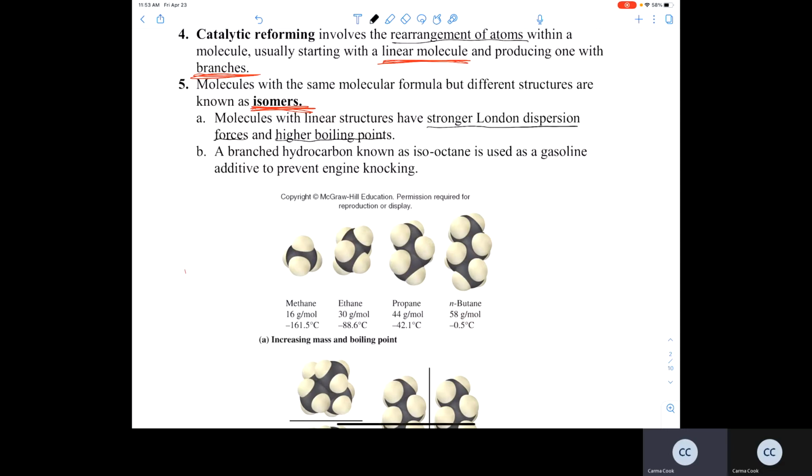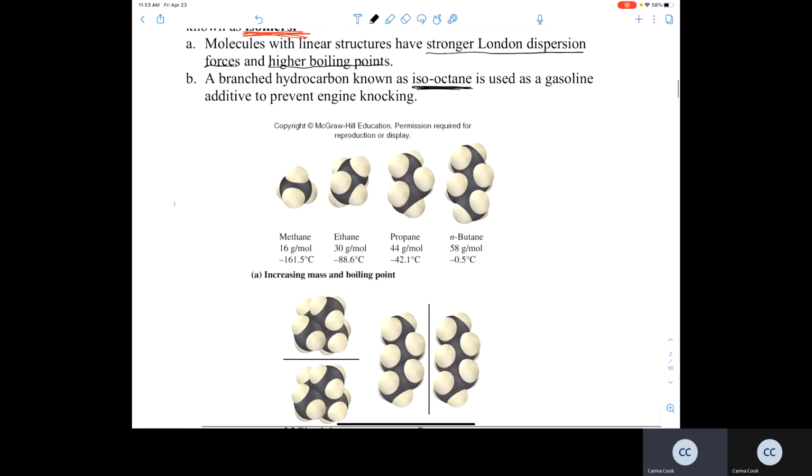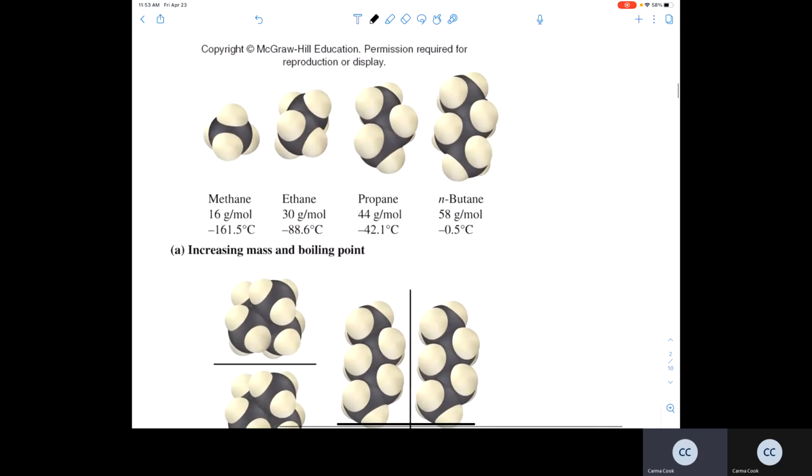The branched isomers are going to therefore have weaker London dispersion forces and lower boiling points. And so isooctane is one of the more popular branched hydrocarbons between 5 and 12 carbons. And it's used as a gasoline additive to prevent the engine from knocking and helping the engine run more efficiently.